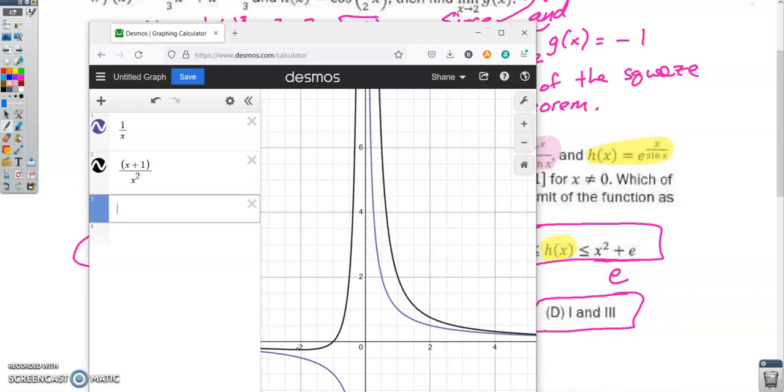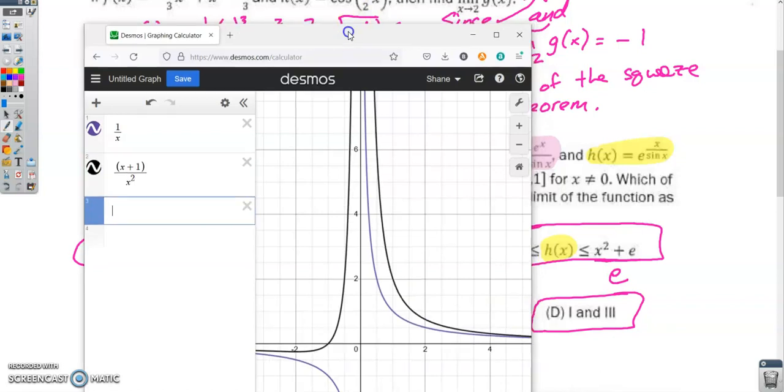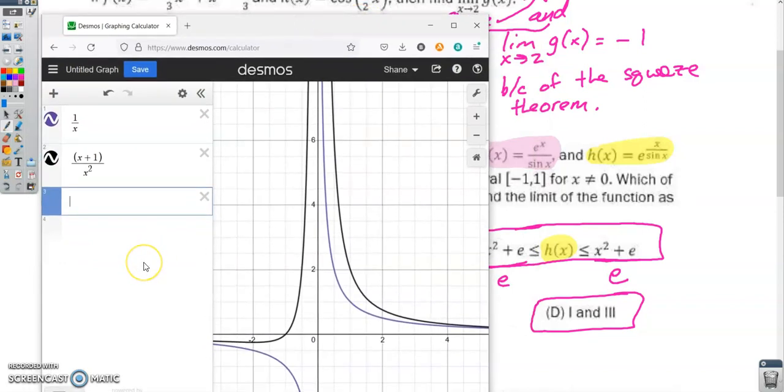We graph those, and we try to use that to help us find the limit of e to the x over sine of x.